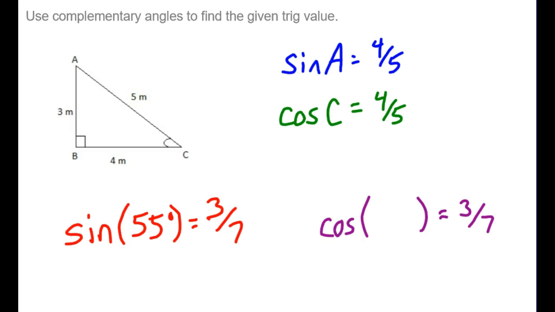Well, if they're complementary, complementary means they add up, have a sum of 90 degrees. So if you take 90 minus 55, you get 35 degrees. So if we had a triangle, I don't know if these numbers are necessarily true, I just made them up. But sine and cosine, when we're dealing with right triangles, have this complementary property. So the sine of one acute angle is equal to the cosine of the other acute angle.